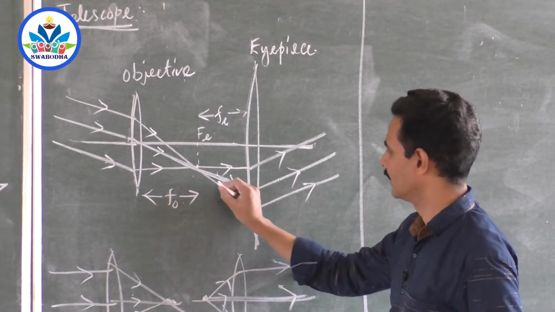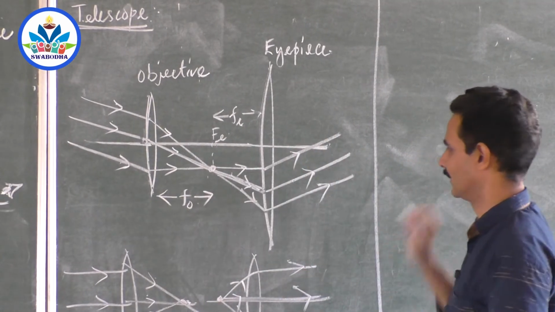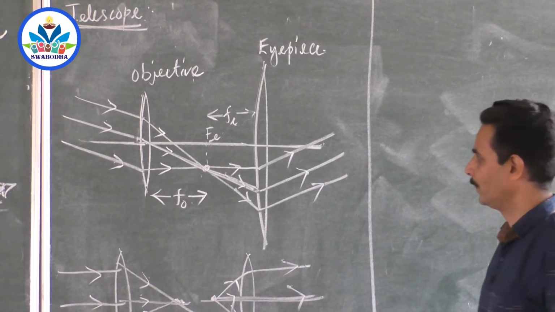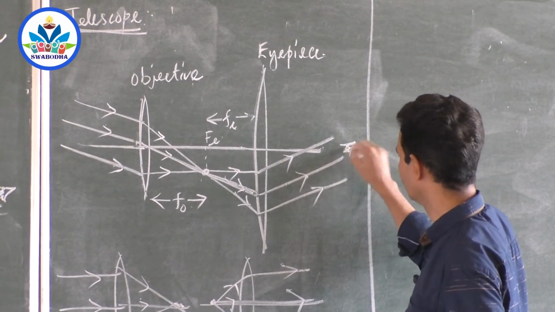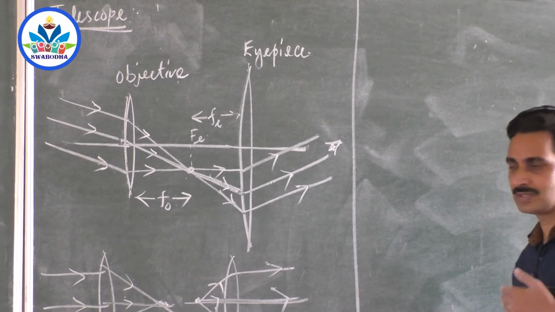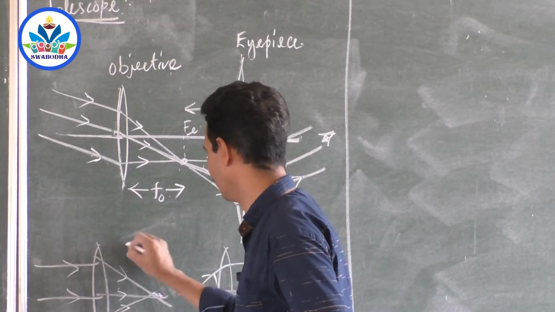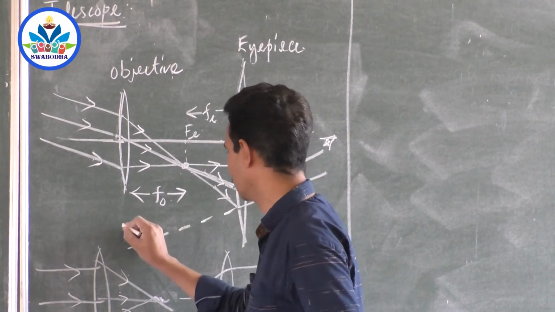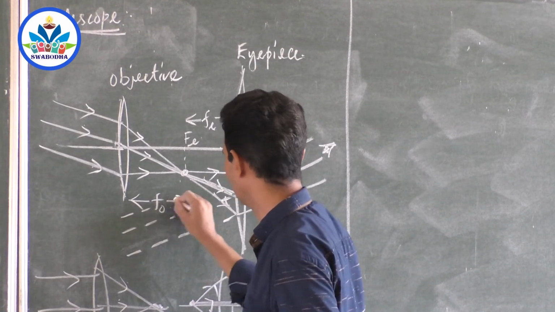So these rays originating from the focus of the eyepiece, after refraction they become parallel. For a person observing from here, imagine that the person is observing from the eyepiece. That's why it is called eyepiece, the lens through which we see the image. These rays appear to come from again infinity. So they appear to come from infinity like this, yes.